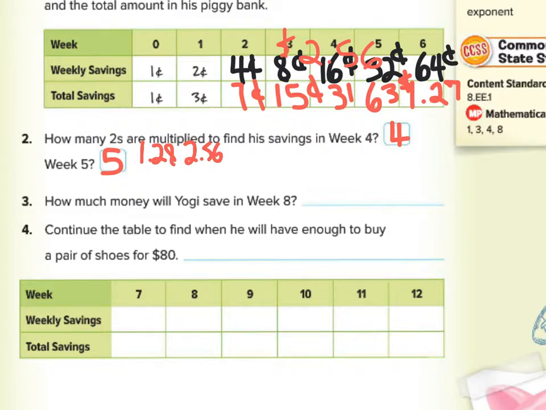We double that, we get $5.12. 512 times 2 is 1024. 1024 times 2 is $20.48. And when I double that, I get $40.96. And remember, we have to add all of these up. And we continue, it's a running tally.